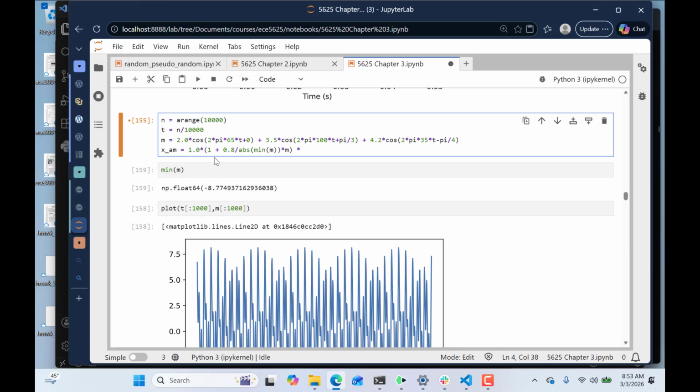And now I'm going to put in a carrier, and I've got frequencies for the message tones that are at 65, 100, and 35. So I'm going to put my carrier up at 1,000 times T. I've increased my sampling rate to 10,000, so I know I can go up to a folding frequency of half of that, which is 5,000, so that should be adequate.